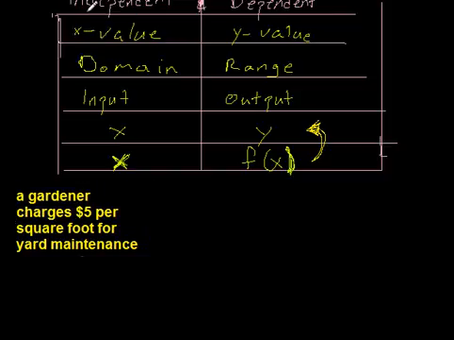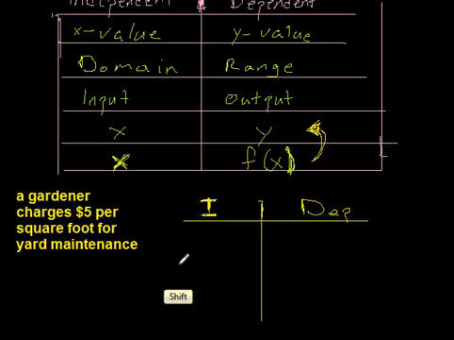Okay, so looking at this word problem, I'm going to go through it again, and I'm going to create another table that says independent. I'm going to just use an I for my independent, and a DEP for my dependent. The only reason I'm doing this is because of space. So my independent variable would be the number of square feet for the yard.